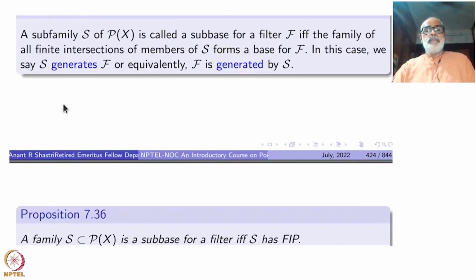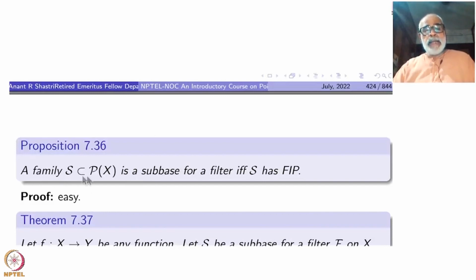However, in practice, it gives you only the singleton X, right? Therefore, for all practical purposes, you can assume you start with S as a non-empty family, that's all. So, a family S contained inside P(X) is a subbase for a filter if and only if S has the finite intersection property.